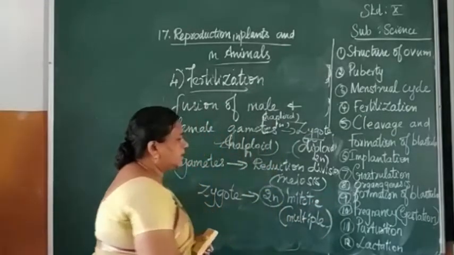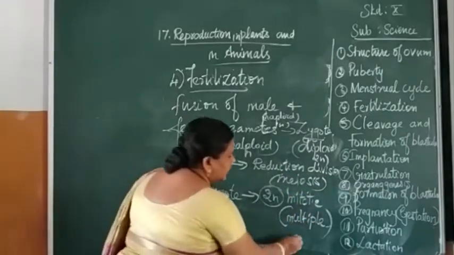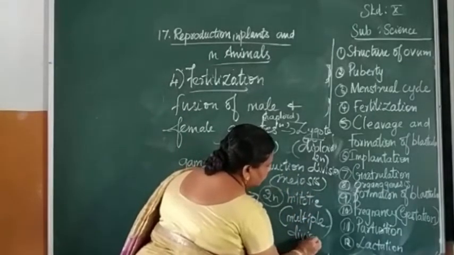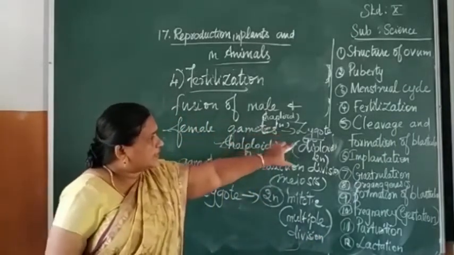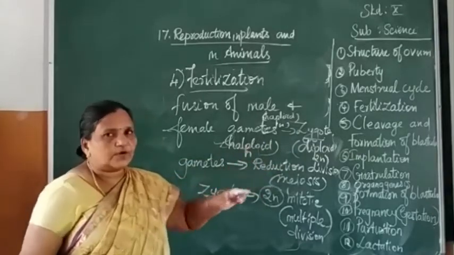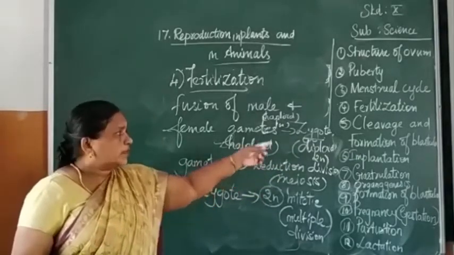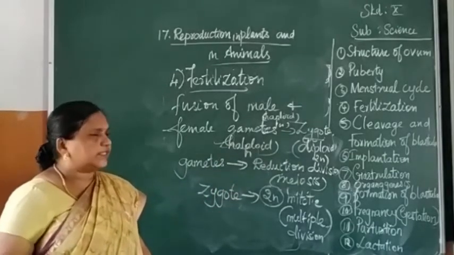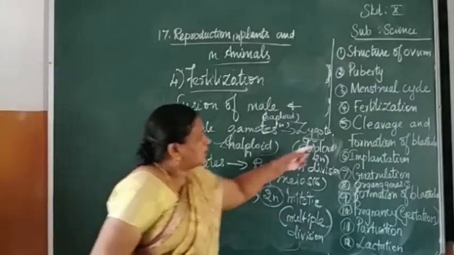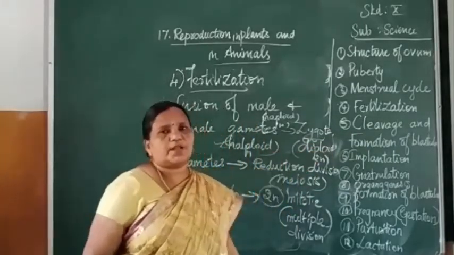So multiple division or mitotic division will happen immediately in the zygote. So after fertilization we got the zygote. When the zygote forms, immediately the embryo formation, the cell division, this multiple division follows. So now we are going to pass on to the cleavage and formation of blastula.